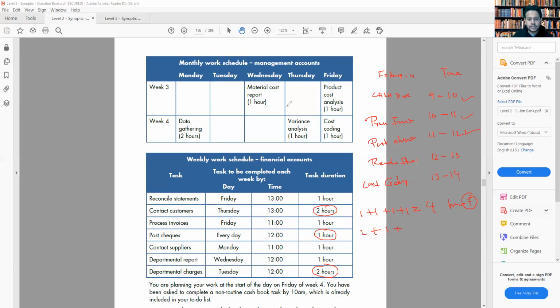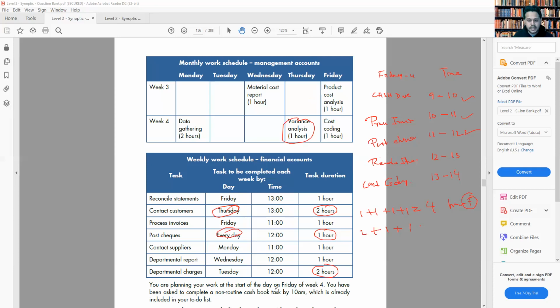And I'm going back to the management accounting. I can see on the management account, I'm working 1 hour here. So Thursday, every day, 1.